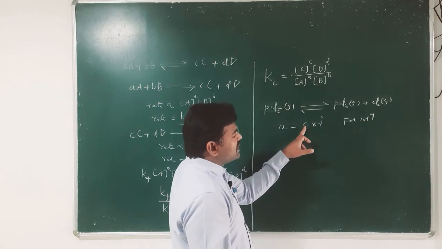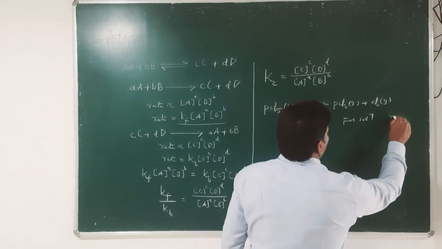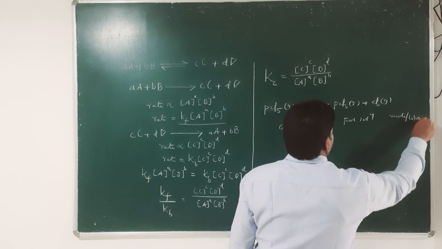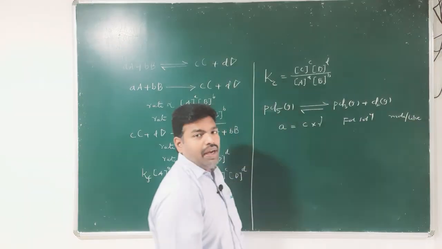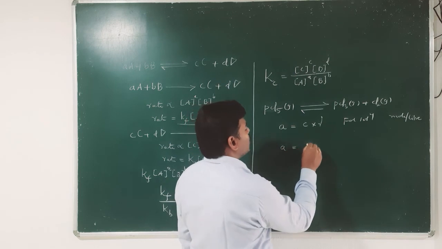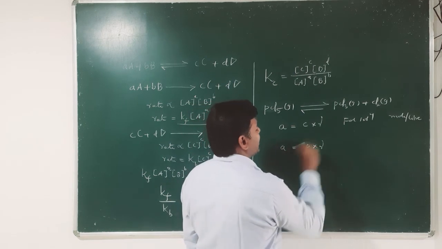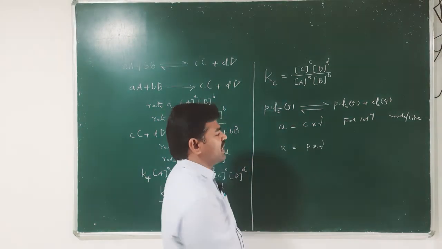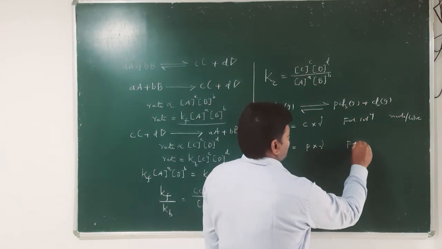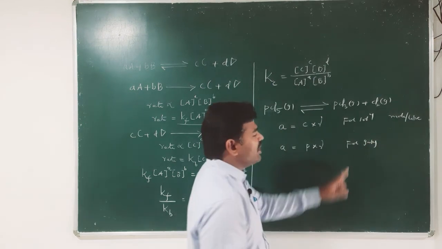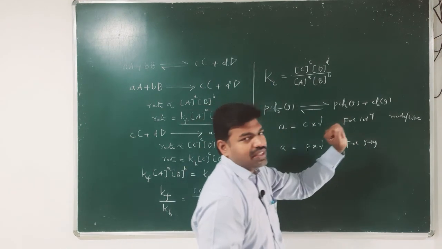In solutions, C is expressed in moles per liter. And for gases, activity is equal to partial pressure times activity coefficient.